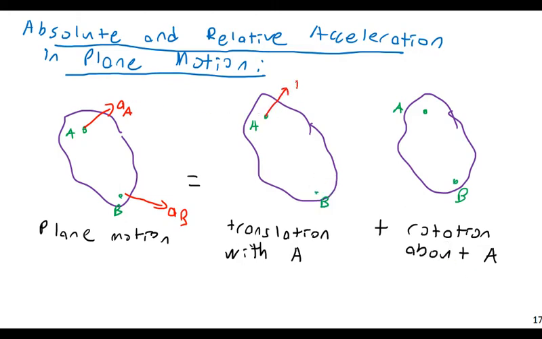So I would have AA, the same AA, AA and AA here.